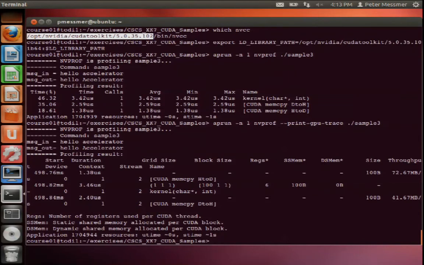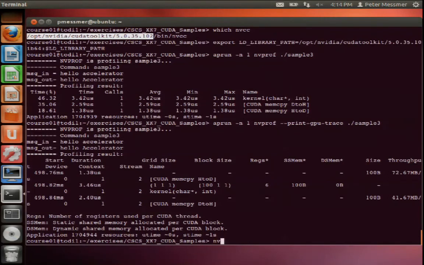In this particular case, it's a bit boring because we only launched the kernel once. So we see it down here. But we now also see when the mem copy occurs. We see the launch configuration. We see how many registers were used for this particular kernel. So quite a bit more information.